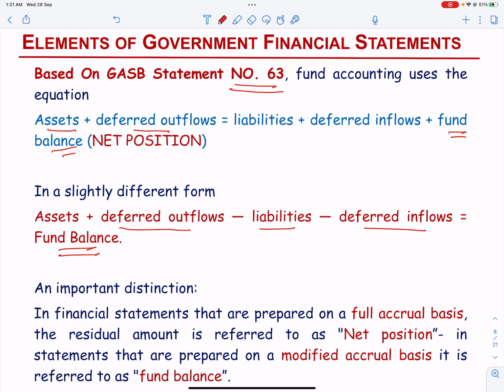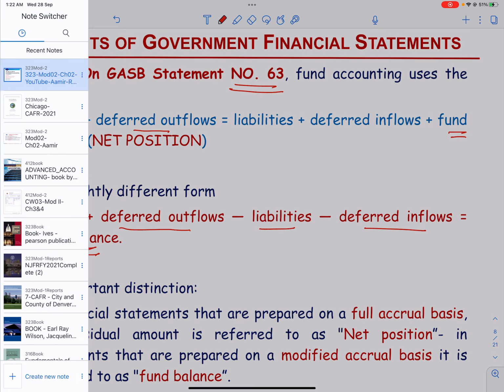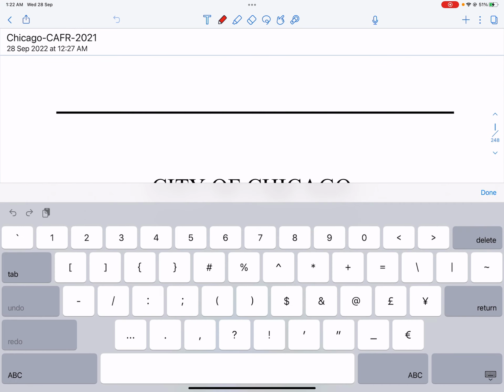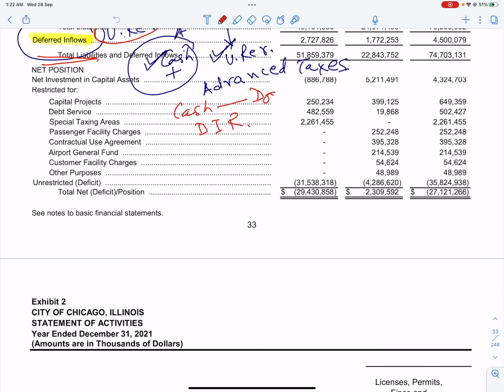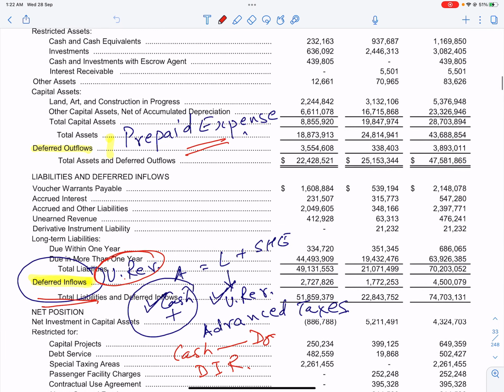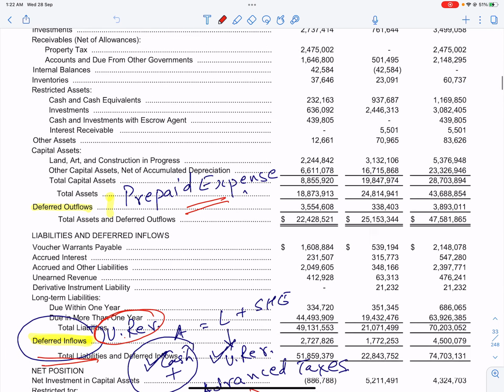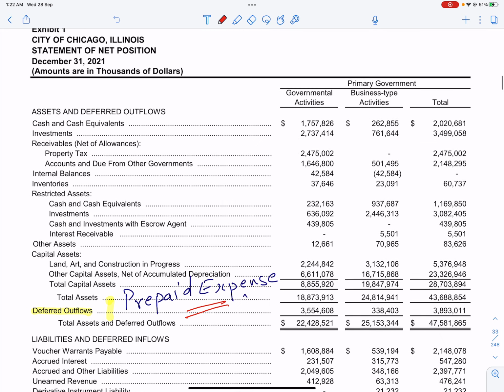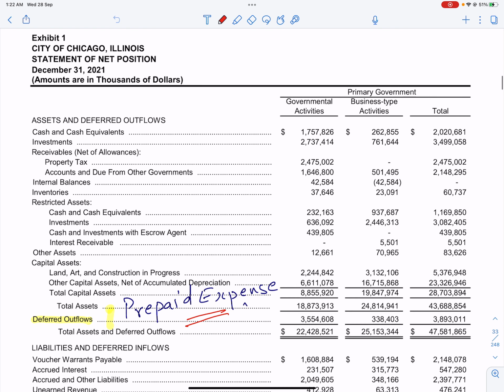An important distinction is, let me show you again in the city of Chicago. So this is the financial statement, and this is prepared on a full accrual basis because this is the statement of net position. This is government wide.